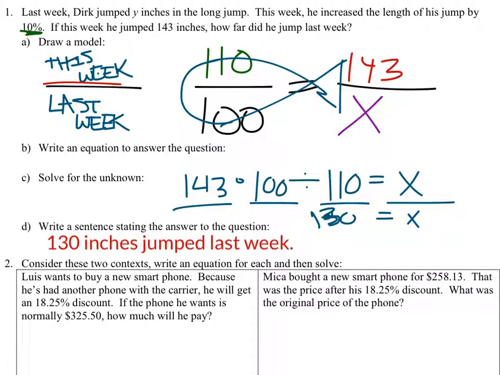Or you could say last week he jumped 130 inches. I'm not so concerned about how it's written as long as it's understandable and true. And that works. Now the tricky part of that was the 110%, I think. So you have to be careful on it. Make sure you know what percentage we're looking at.